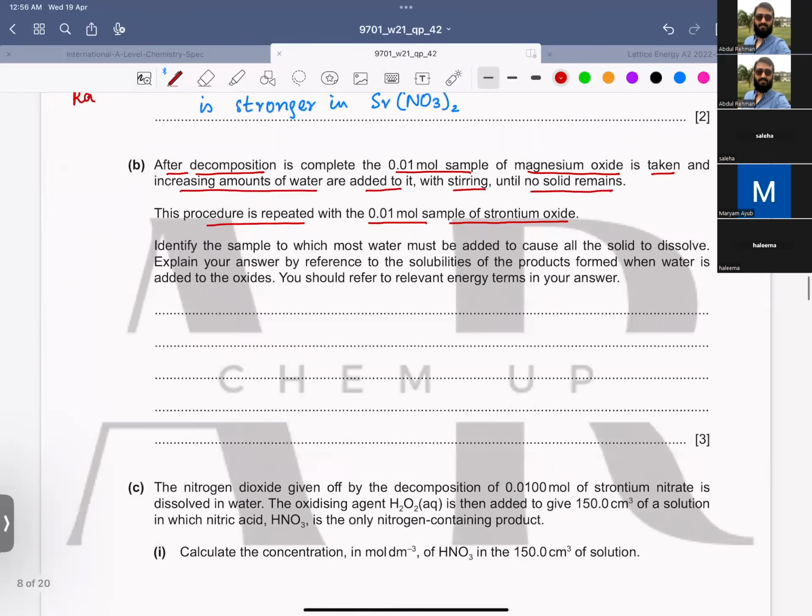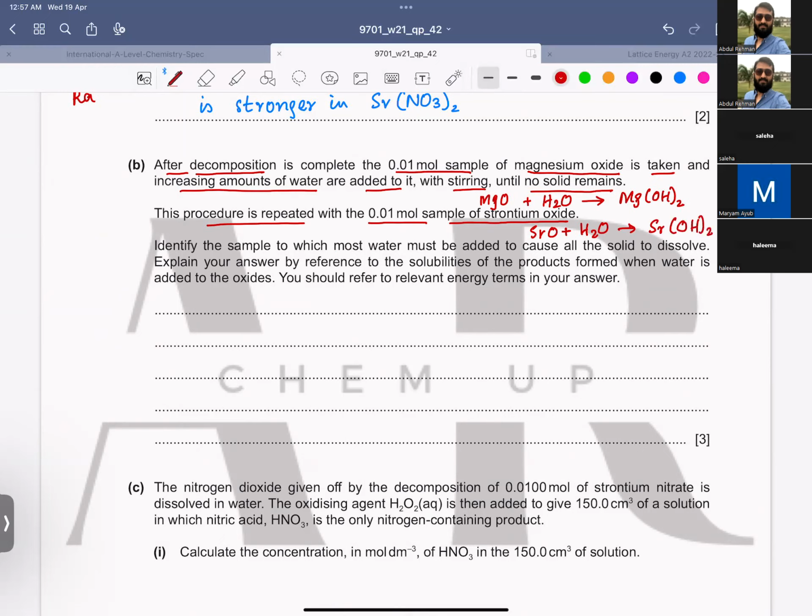So let me recall that when you add water to magnesium oxide, it would dissolve to form magnesium hydroxide. And here, when we add water to strontium oxide, it would also form strontium hydroxide.